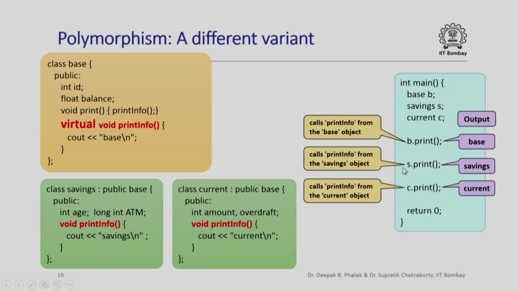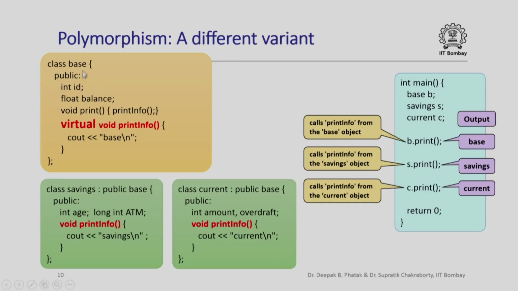However, when I call s dot print, s being an object of class savings is also an object of class base, and so the same print method of the base class is going to be invoked here, and within the body of the print method there is an invocation of print info.